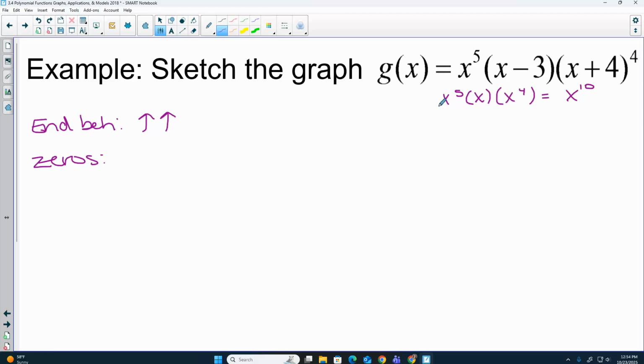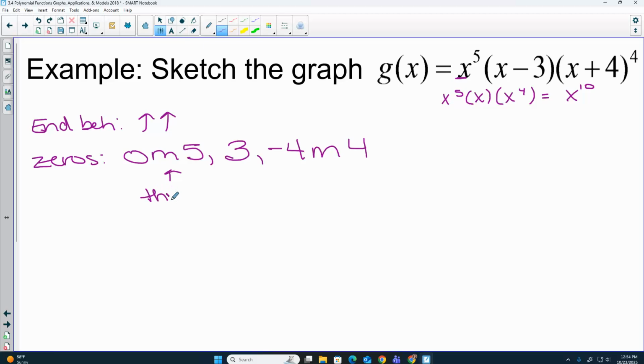Zeros. Okay, this was just a plain x. What makes that equal 0? And since it was a fifth power, that means multiplicity of 5. What makes x minus 3 equal 0? 3. No power on that one, so it's just a 1. And x plus 4 would be negative 4. Alright, so at 0, will we bounce or go through? Through.